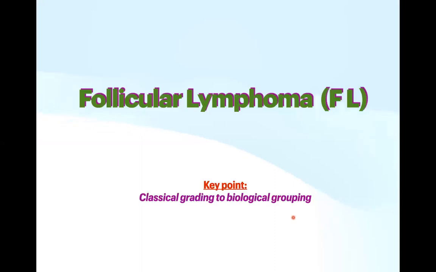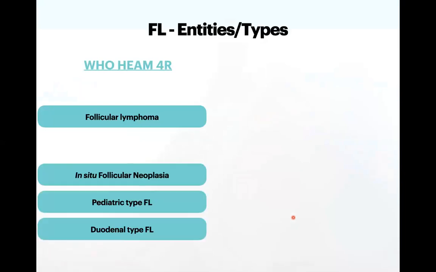Now coming to the follicular lymphoma, the key point is the grading system is gone, the biological grouping is in. In the fourth edition, there were four entities: follicular lymphoma, in situ follicular neoplasia, pediatric type follicular lymphoma, and duodenal type follicular lymphoma.